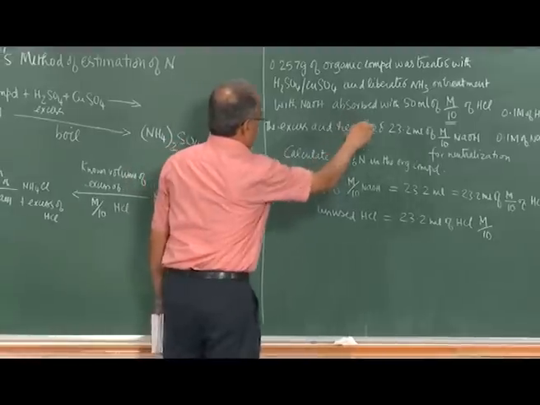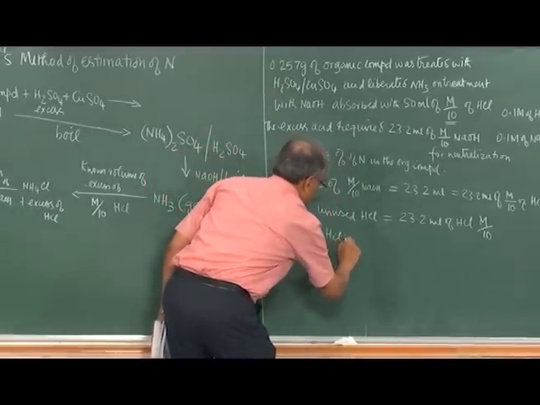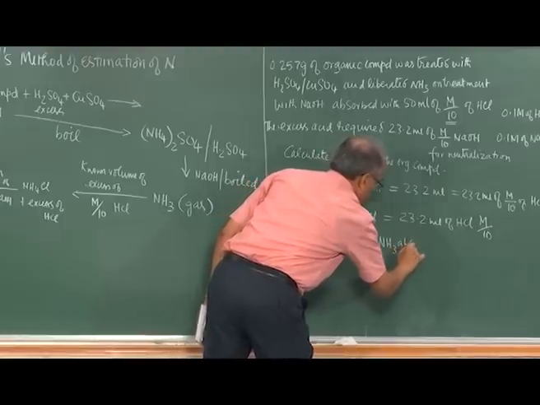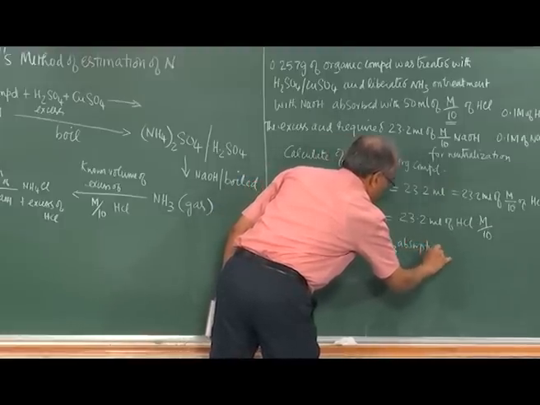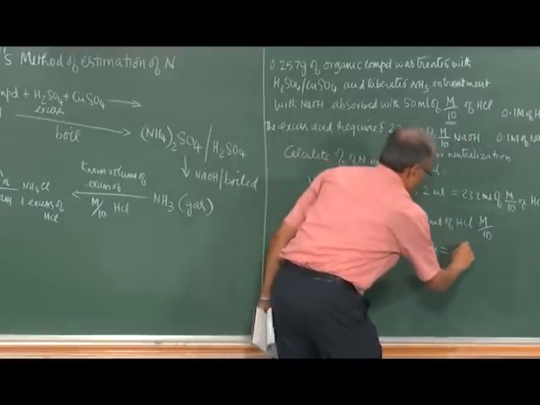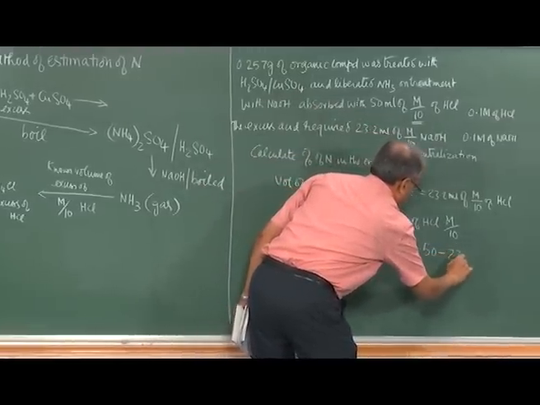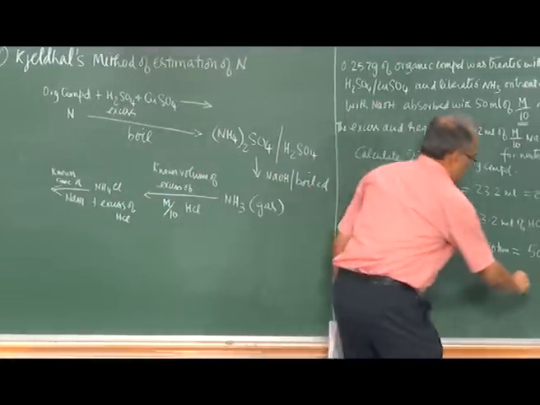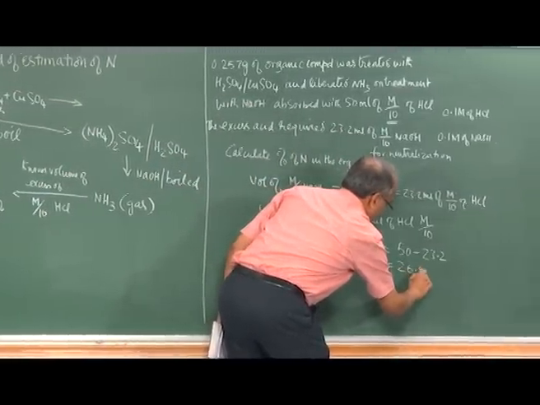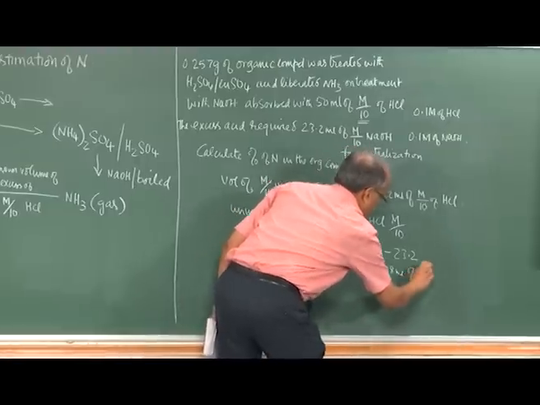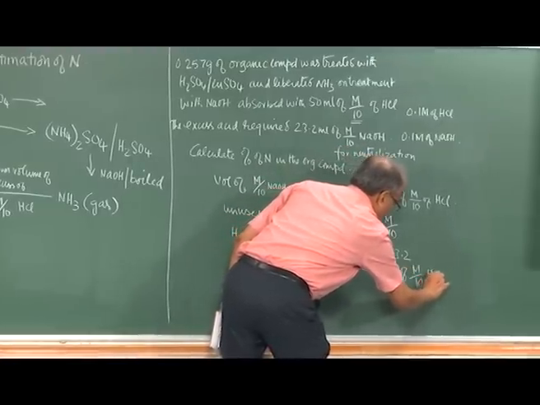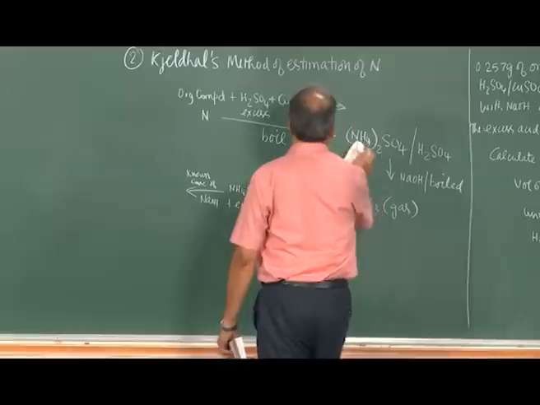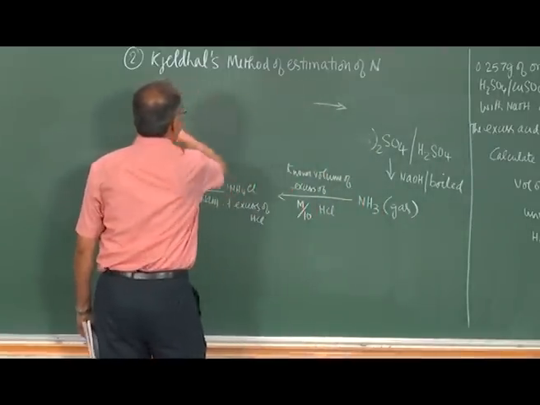So, the HCl used for absorbing the ammonia will be equal to, originally 50 milliliters were taken, 23.2 remained unreacted or excess. So, that would correspond to essentially 26.8 ml of M/10 HCl. So, all we need to do is convert that into mass.